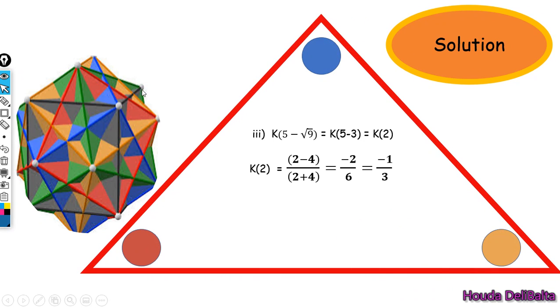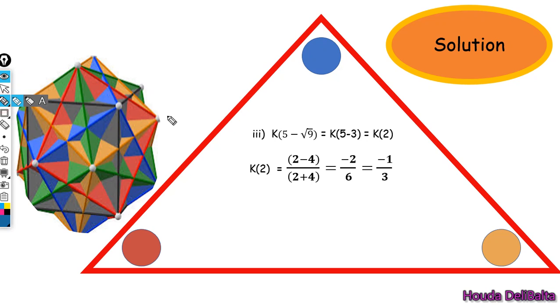And finally here we have to evaluate k of 5 minus radical 9. Before starting with this and before making rationalization and so on, we have to search for simplifying this value. 5 minus radical 9 means exactly 5 minus 3, which is 2. So all I have to evaluate is k of 2 and not that stuff. So k of 2 is just by replacing x by 2.